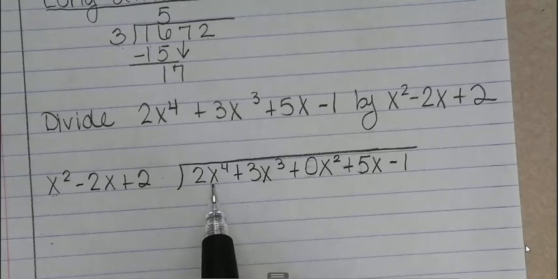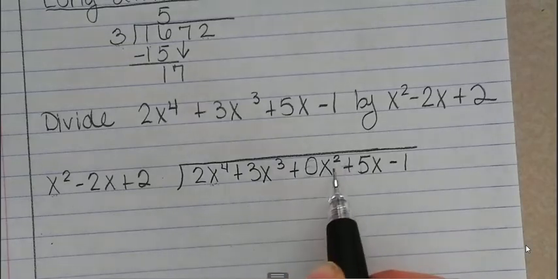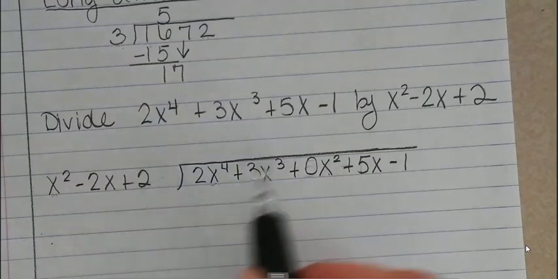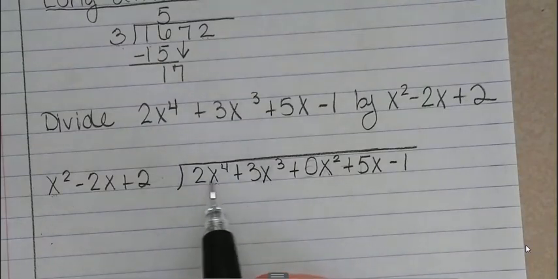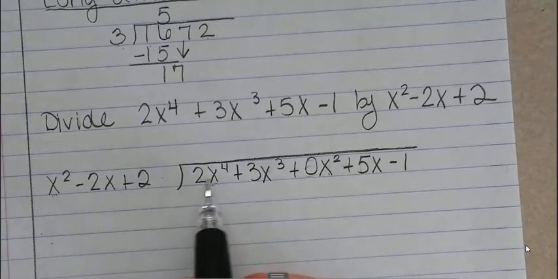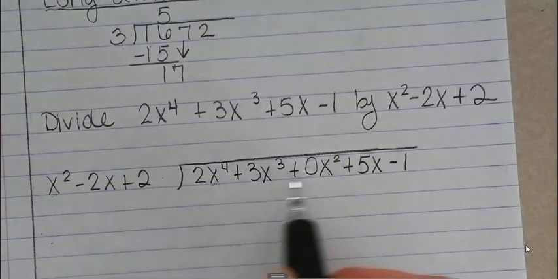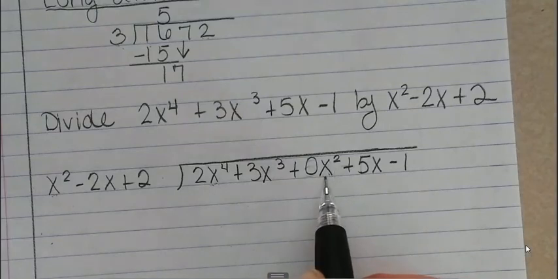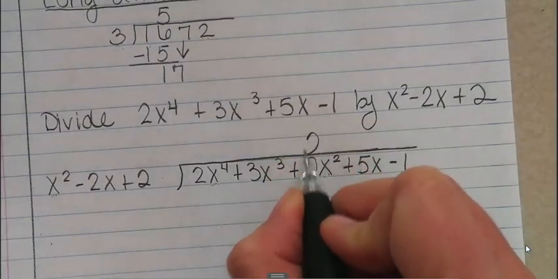So there's different ways of doing this. The way that I do it is I start by putting whatever, so I just said I need 2x squared to be able to multiply by x squared to get 2x to the 4th. So I'm going to put my 2x squared over my x squared term. Okay, so I'm going to put it here.